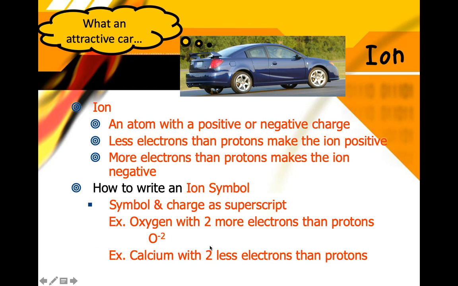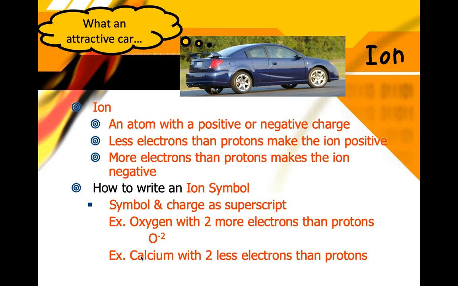Or calcium with 2 less electrons than protons. I look on the periodic table, the symbol for calcium is capital C, small a. Be picky about those capitals and lower cases, they matter because capital letters means it's a new element. Lowercase letters means it goes with that same element still. So if you have a capital C and a capital O, those are 2 separate elements.